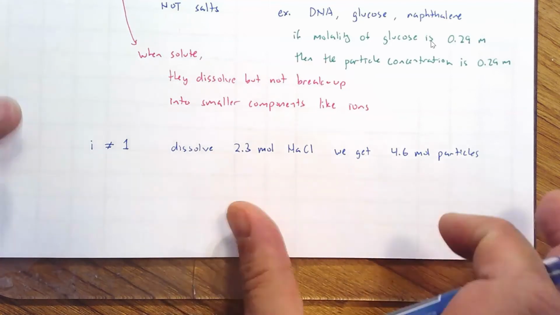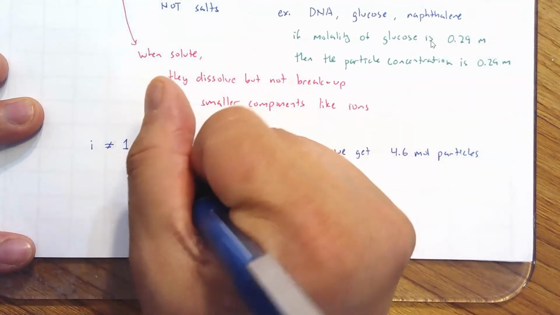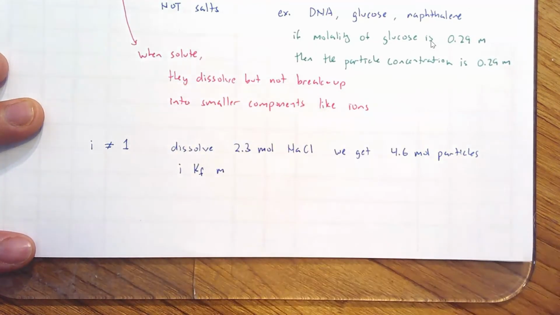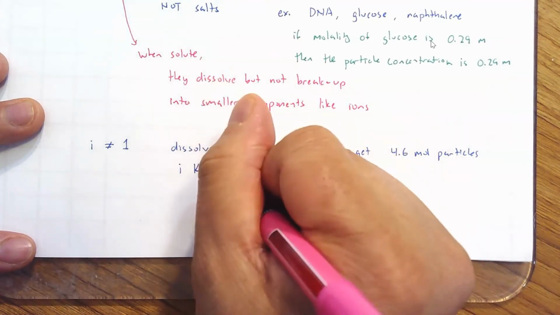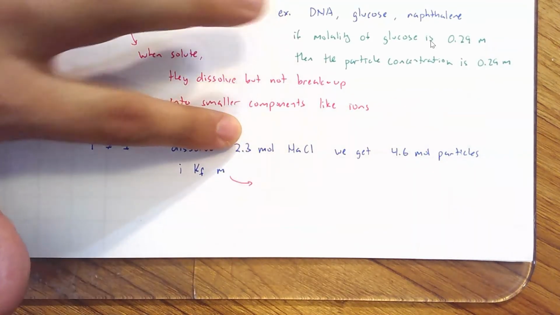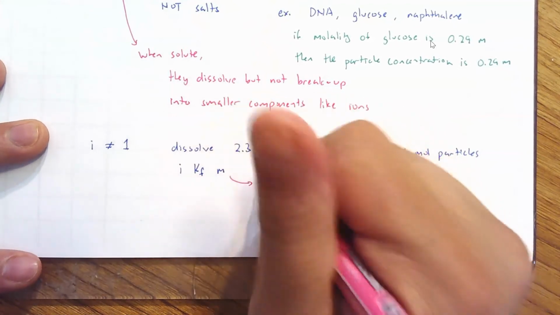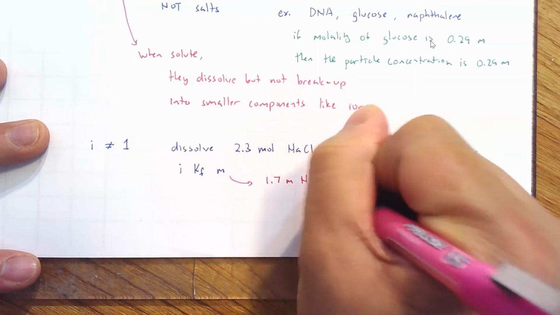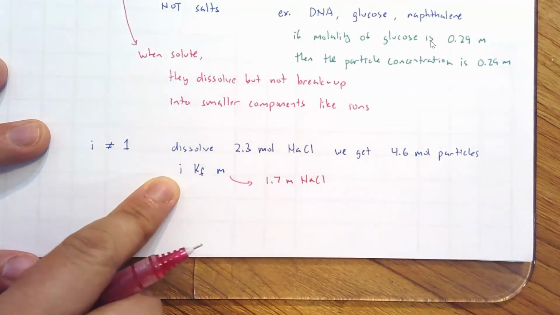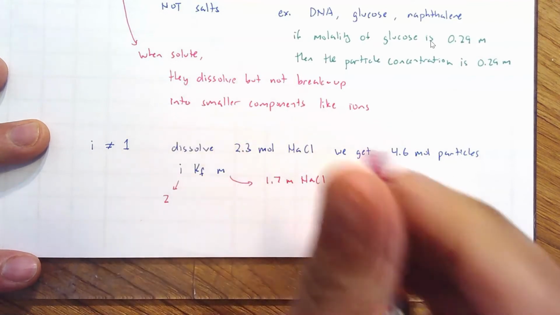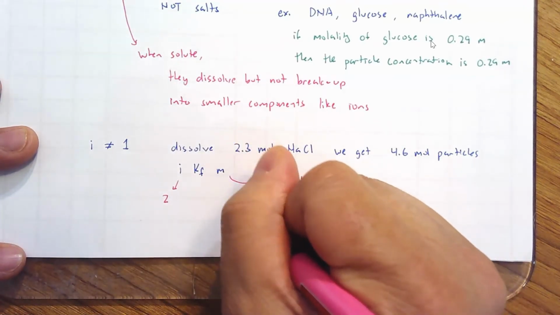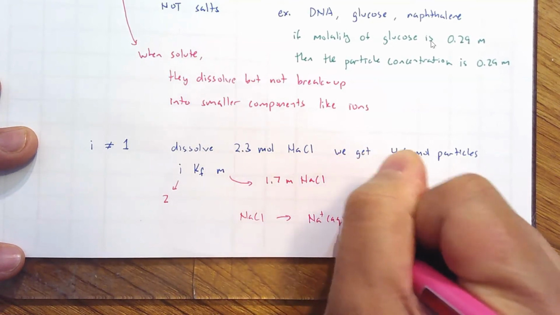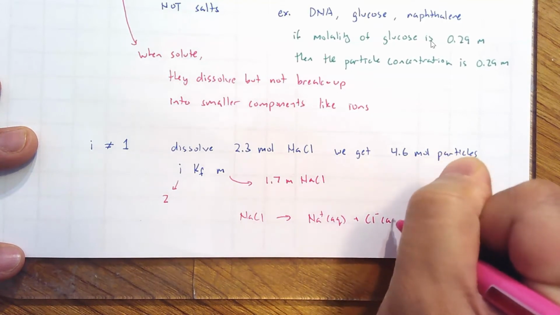So where does this math come from? If you have i, Kf, and m, if you know your m, and let me pick a different number, if you have an m that is 1.7 molal NaCl, your i is going to be 2, because NaCl, when dissolved, becomes Na+ aqueous plus Cl- aqueous.